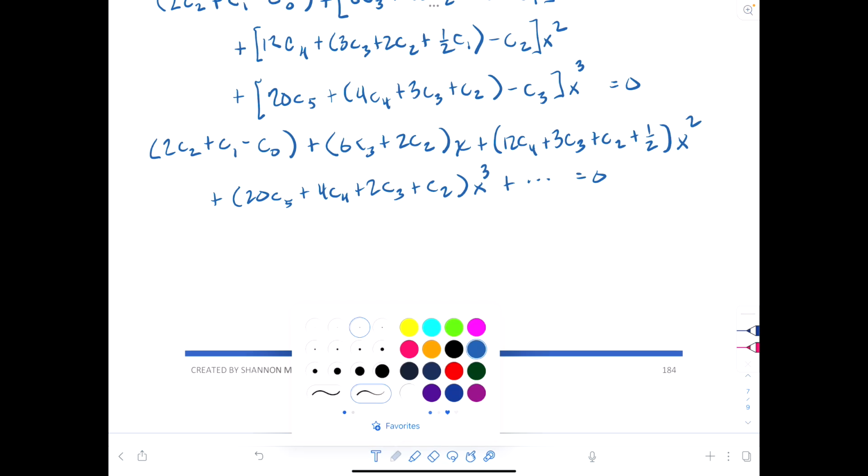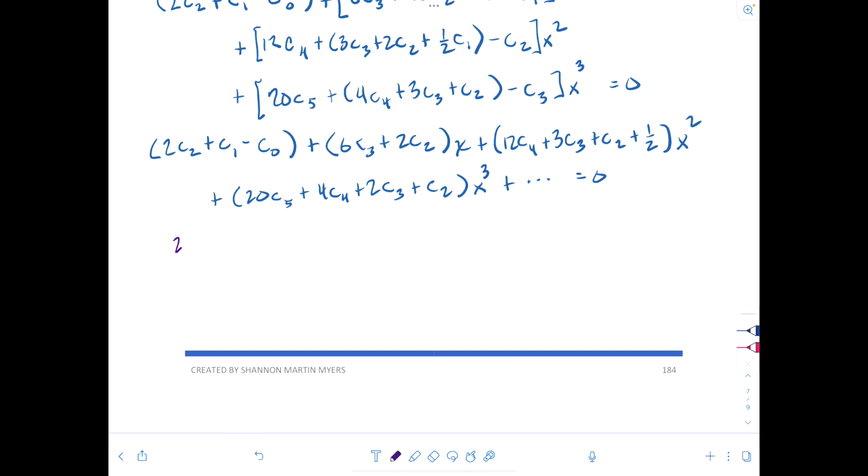So 2C2 plus C1 minus C0 equals 0. That's equating all the constant terms to 0. So isolating C2, we would have 1/2 times C0 minus C1.